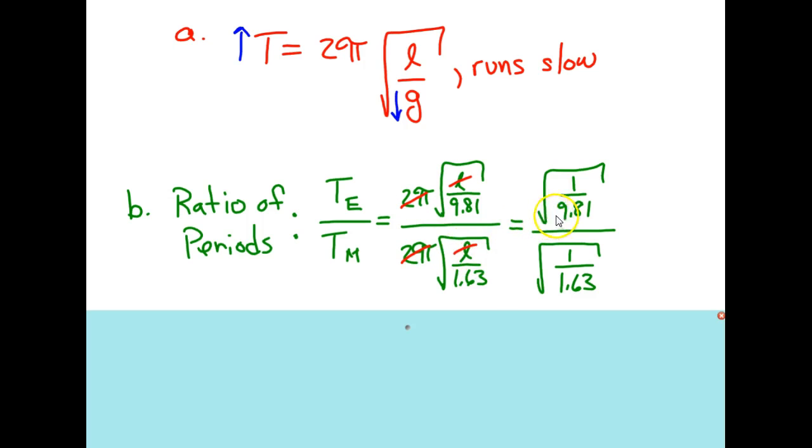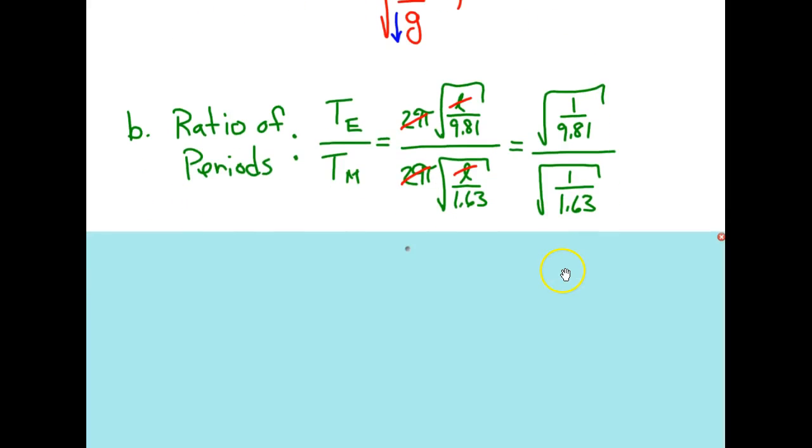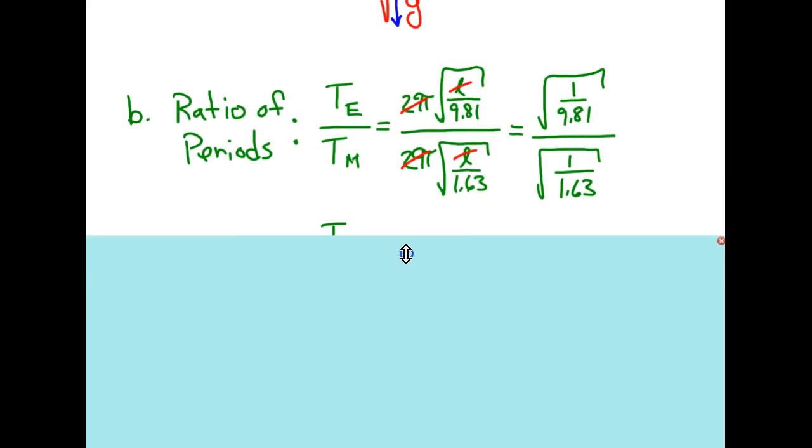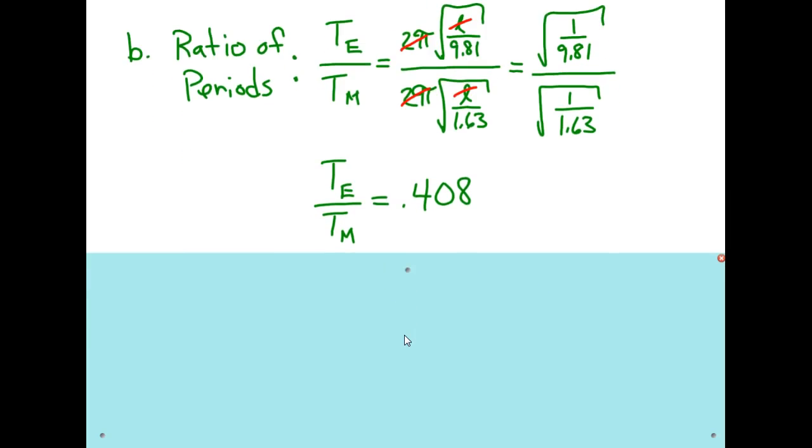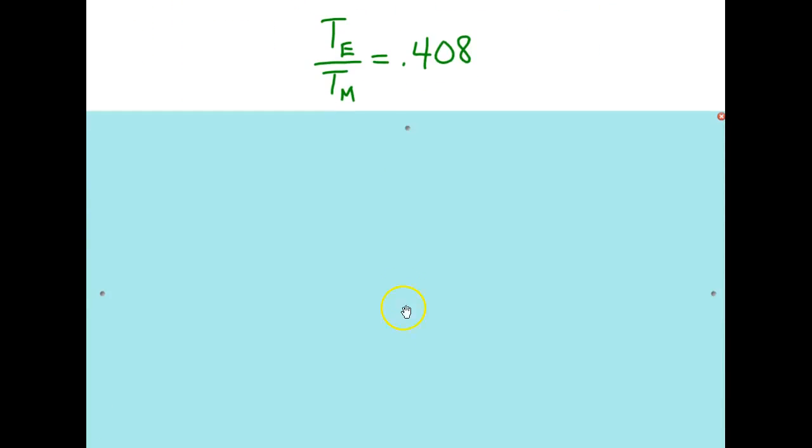We have the square root of the inverse of 9.81, because L canceled and became just 1, over the square root of the inverse of 1.63. Again, L canceled and became just 1. So we go ahead and do that calculation, and we get TE over TM equal to 0.408. Well, what does that mean?